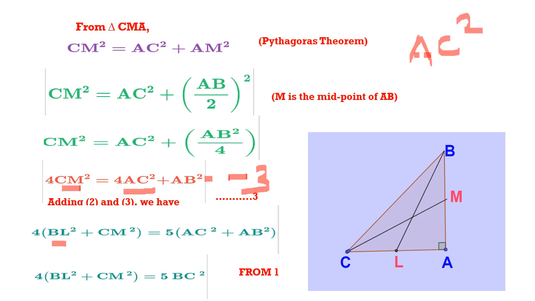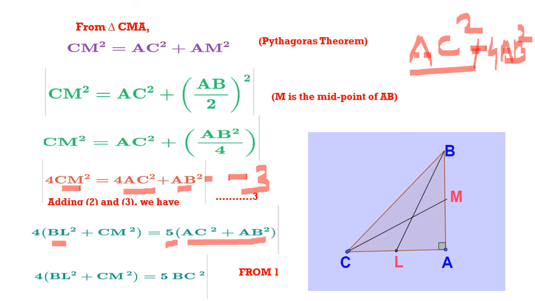Previously AB squared was 4. You know that we took the LCM when we got 4AB squared on cross multiplying, and 1AB squared from here. So in total you get 5AB squared also and 5AC squared also. Taking 5 common, you get AC squared plus AB squared, right?